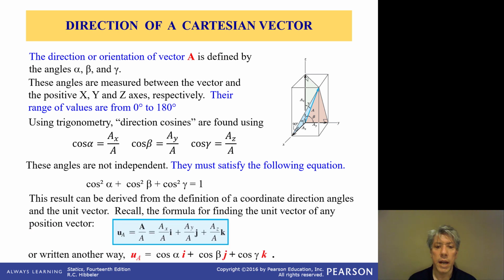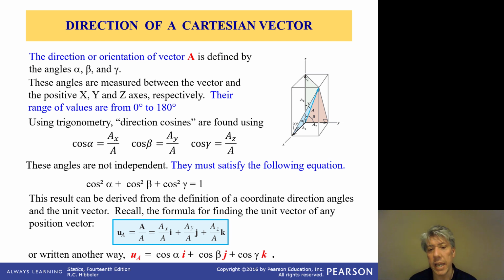Now we can also derive this result from the definition of the coordinate angles in a unit vector. So what you see here is that the unit vector that points in the direction of A is the vector A itself divided by its magnitude A. And so we have ax over A in the I direction, ay over A in the j or the y direction, az over A in the k or the z direction.